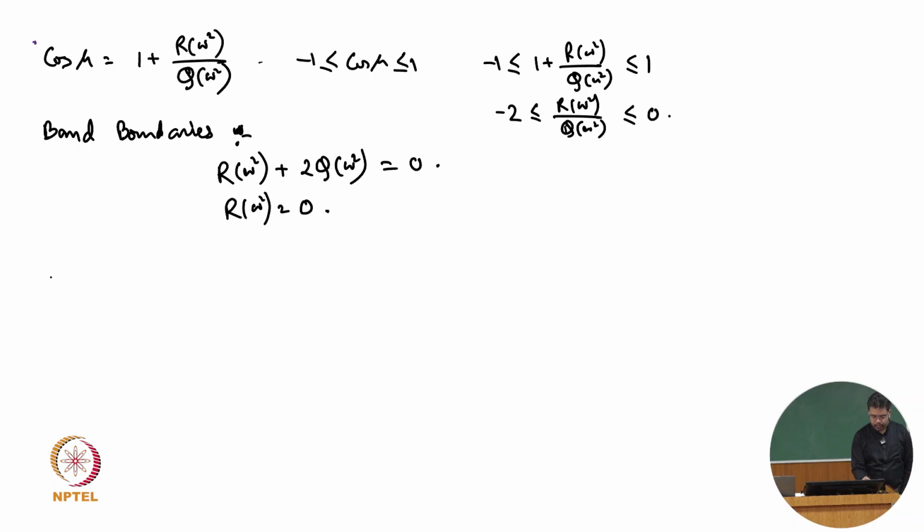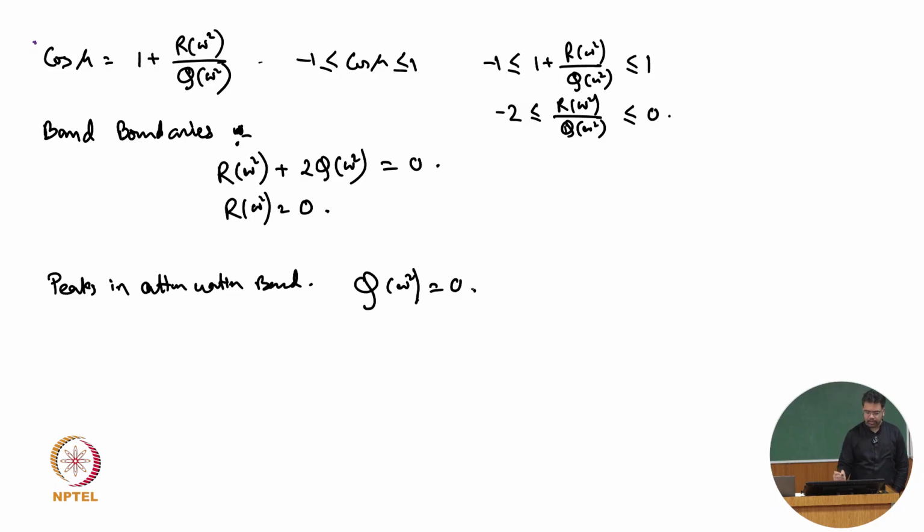And when will we have the peaks in the attenuation band? When q of omega square is equal to 0. Because once q of omega square becomes 0, r of omega square by q of omega square tends to infinity, so plus 1 also tends to infinity.